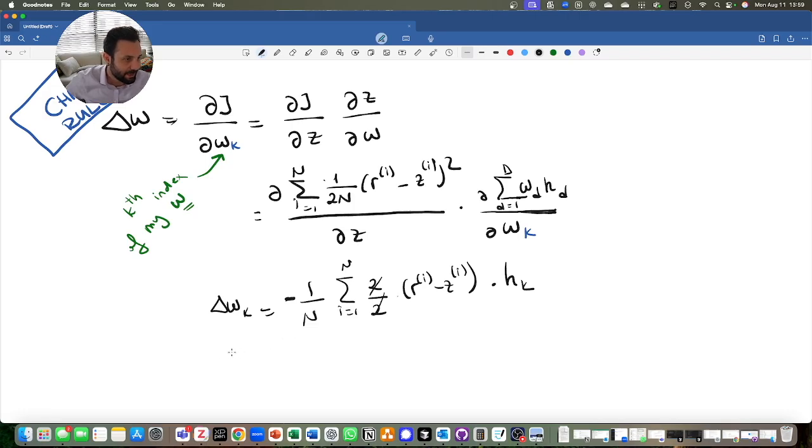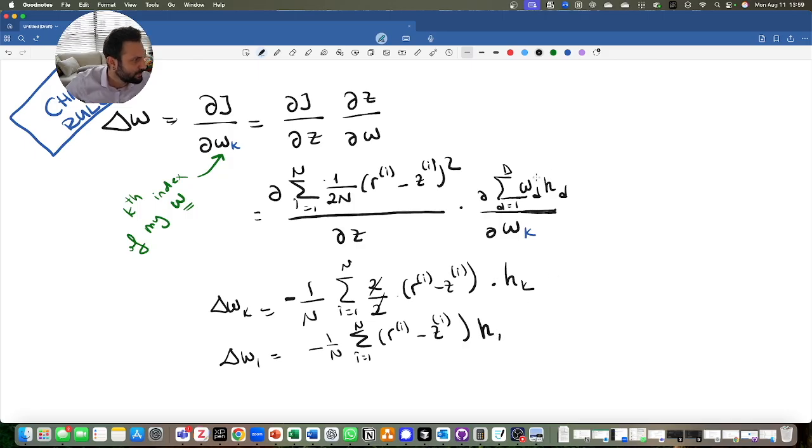Therefore my step for w_1 is nothing but the summation over all indices i equals 1 to N of r of i minus z of i and h of 1.